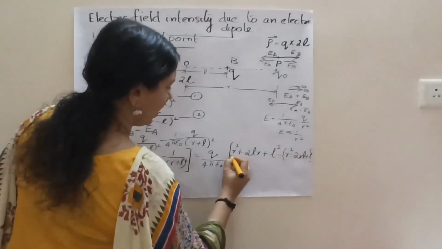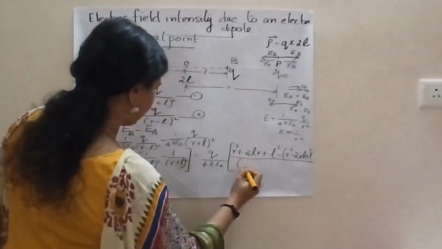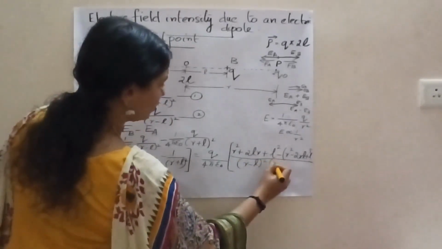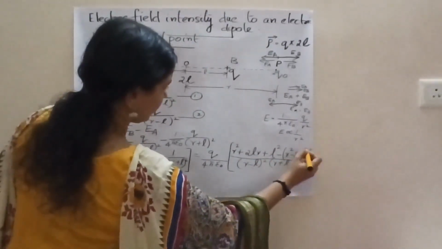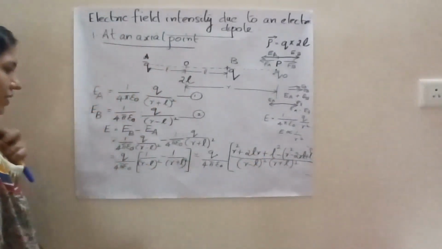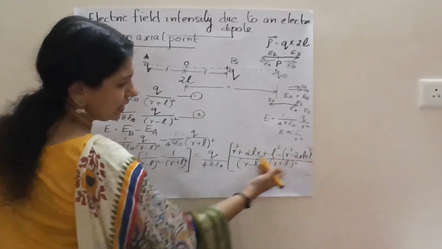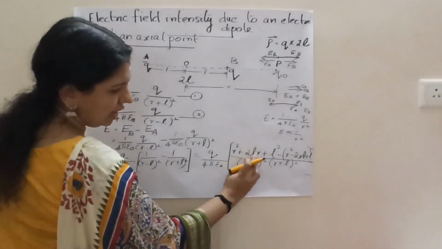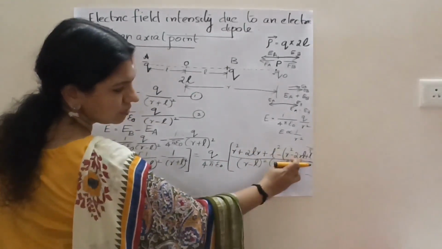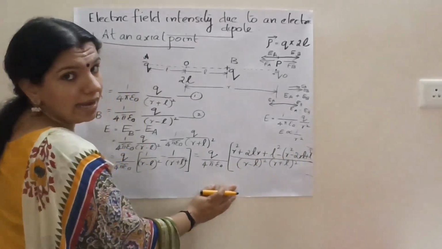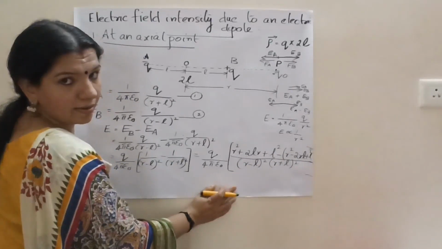In the denominator you have (r minus L) the whole square into (r plus L) the whole square. By doing the simplification, r square gets cancelled, then L square gets cancelled. So finally 2lr plus 2lr, which is equal to 4lr. You will get 4lr, right?